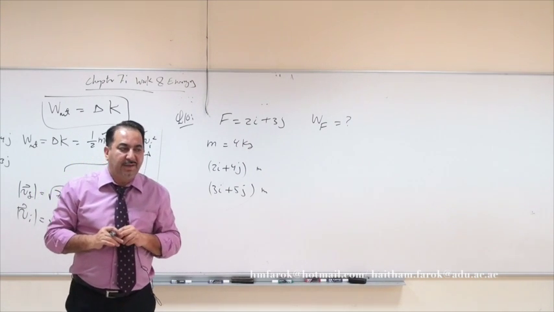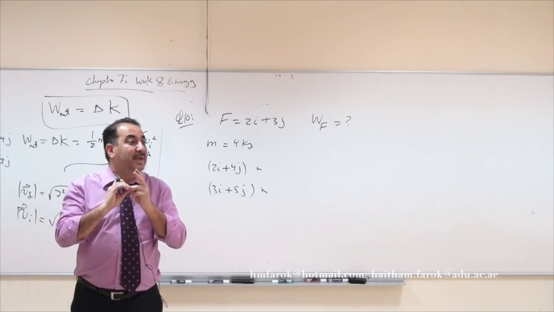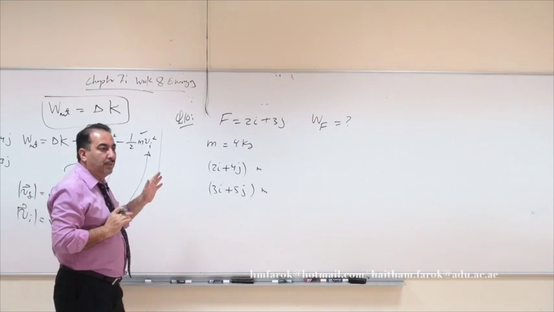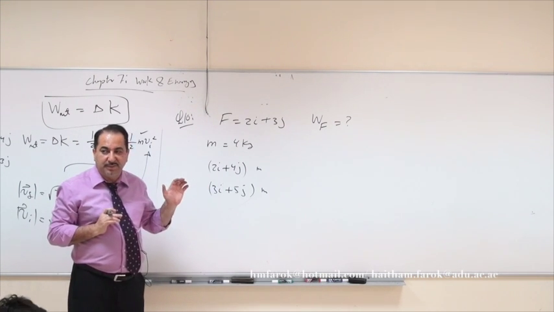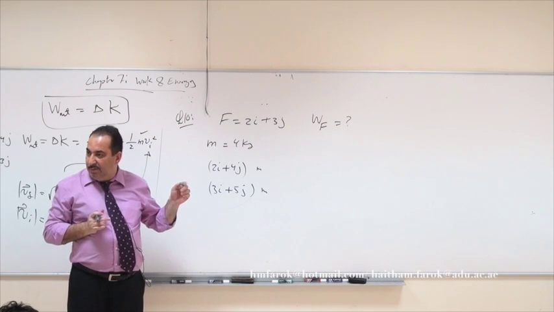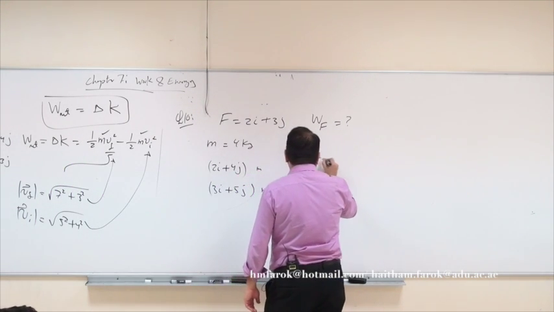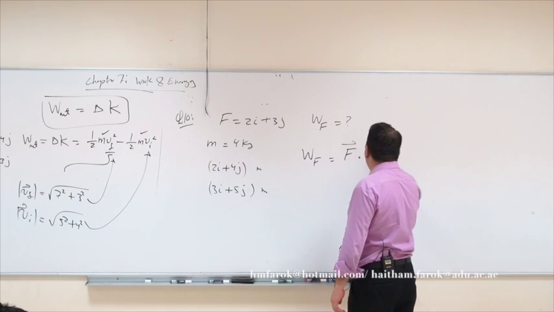If you are dealing with vectors, you need 2 things: the force vector and the displacement vector, and you do a dot product. In this question, it's easier to use the vectors, because the angle is not known. So you have to say W_F is force vector dot displacement vector.